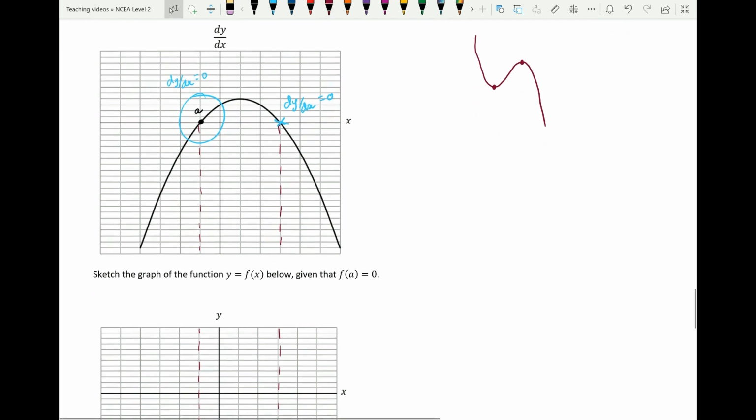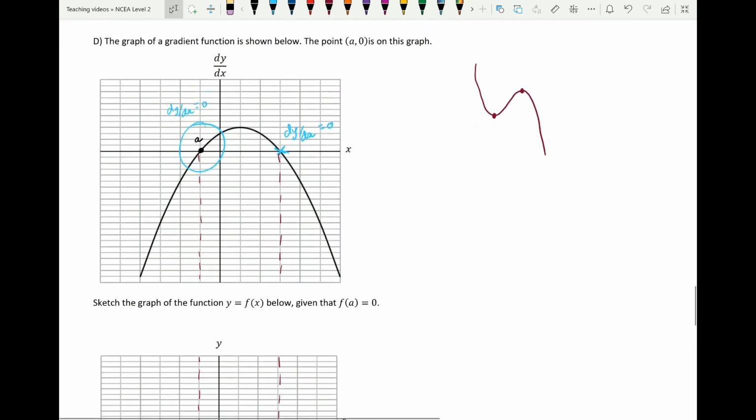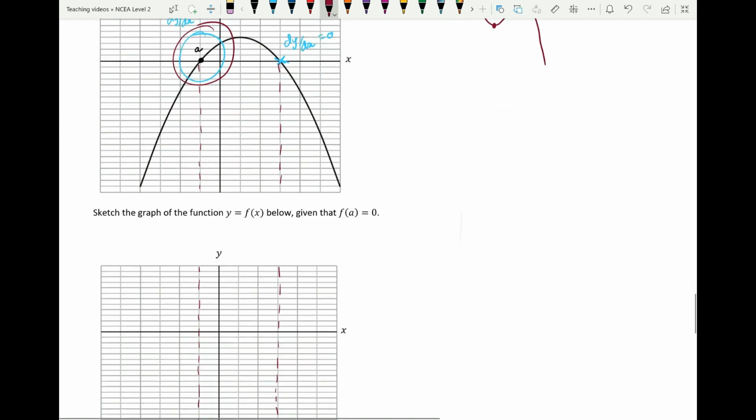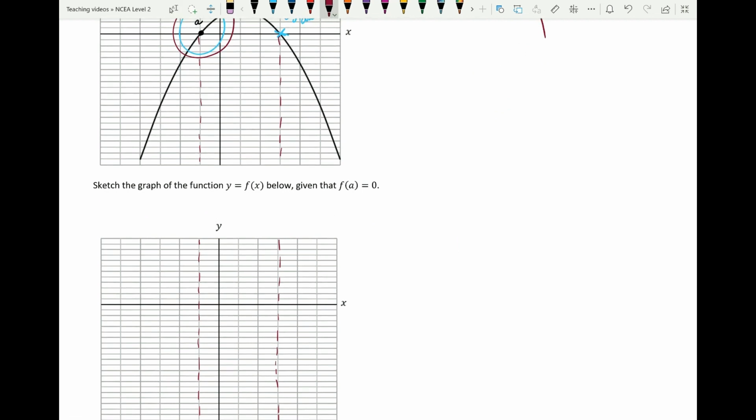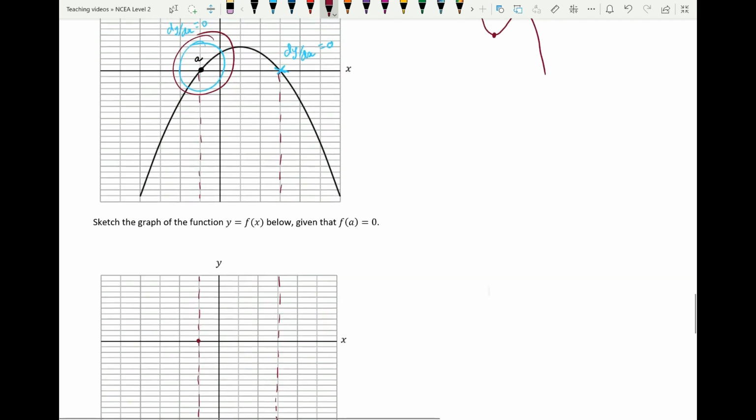Now what we know is, though, that this cubic, f(x), is also going to go through a. But it's also a turning point. So this point here must be a turning point for it to go there. So it means that the turning point is actually sitting on the x-axis.